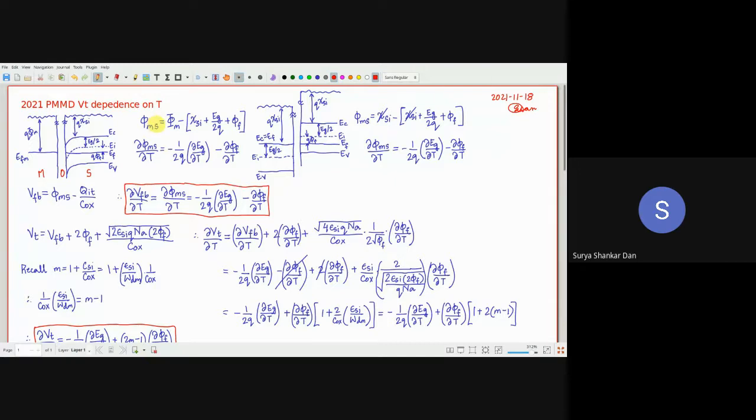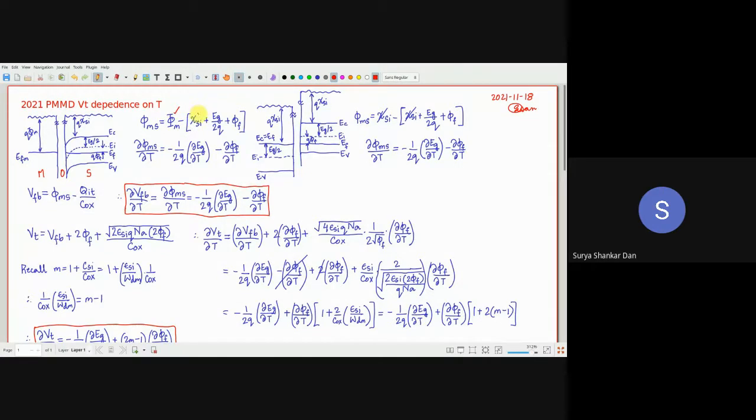So if we want to find out the variation of phi ms with temperature, which is capital T, we will have delta phi ms by delta T. Note that I'm not using small t here. Small t usually indicates time, so not to confuse with time. Capital T it is. Phi m is a material constant depending on the metal used.